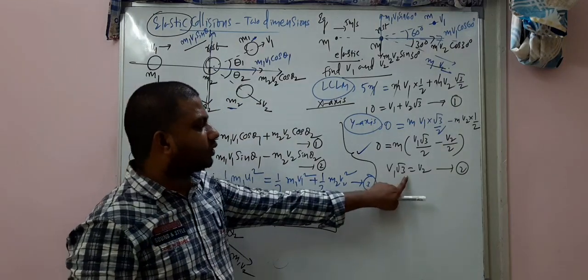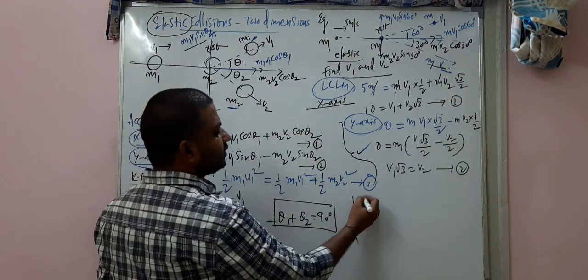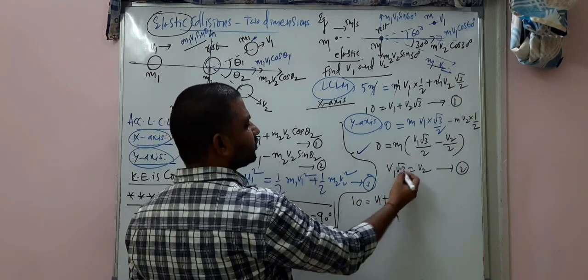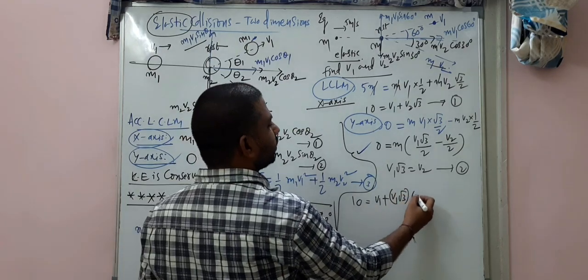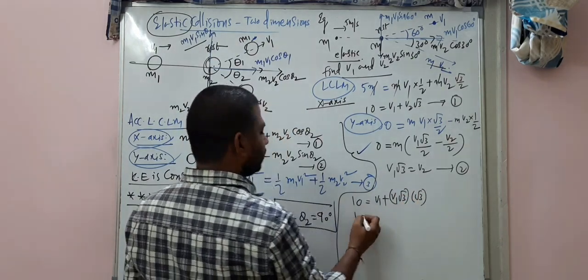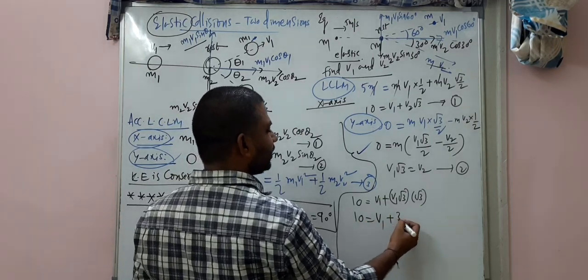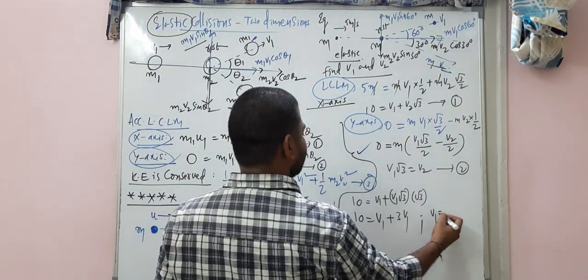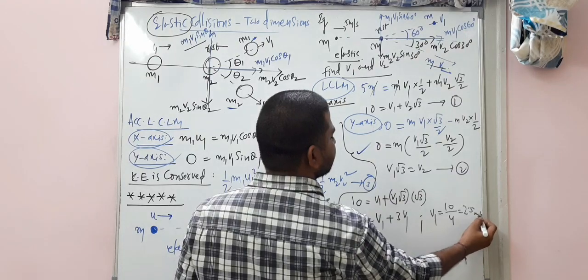We can substitute equation 2 in equation 1. So 10 is equal to v1 plus v2, that is v1 √3 into √3, so 10 is equal to v1 plus 3v1. So v1 is equal to 10/4, that is 2.5 meter per second.